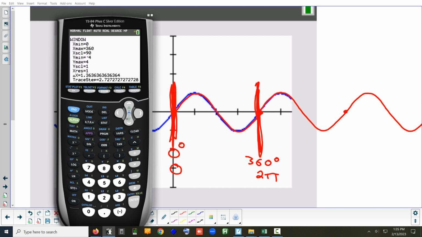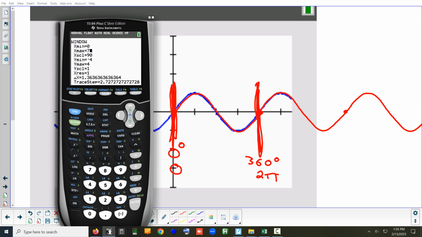What if I set it from 0 to 720? How many cycles or how many periods would I see now? You're going to see 2 cycles. There's 1, there's 2. So you can change your screen so you see however many cycles you want. But when we're sketching it, you only need to sketch 1 cycle. Because if you can sketch 1, then I know you could repeat it and sketch 2. Just copy and paste it.